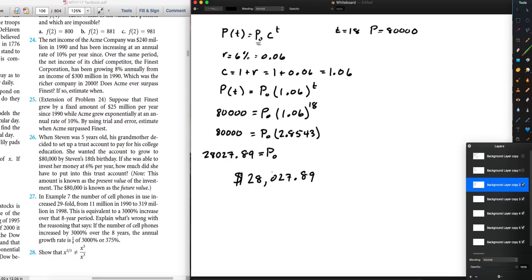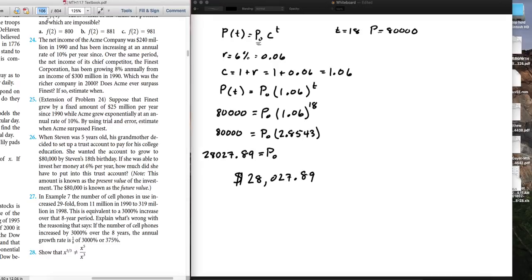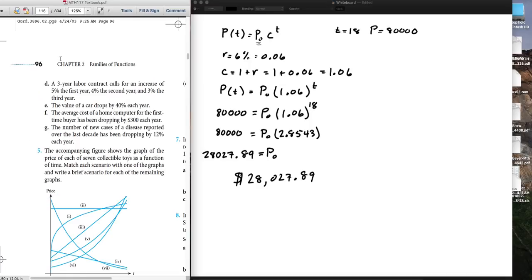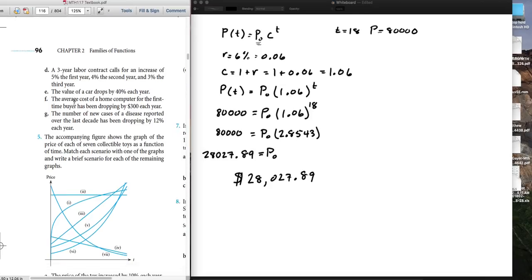All right, what do I have next here? The next question I have is on page 96, which is 106, 116 for me, and it is number 8.